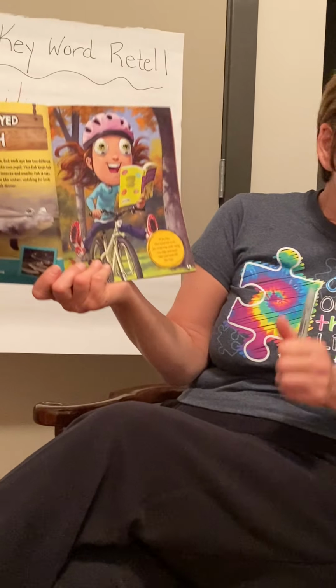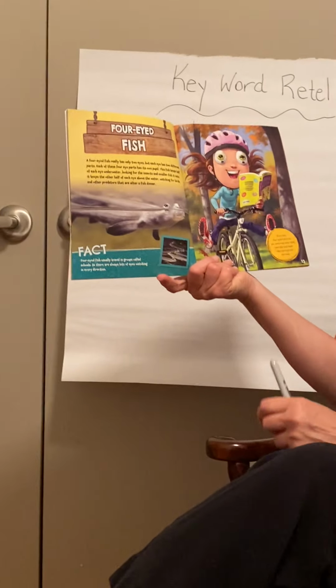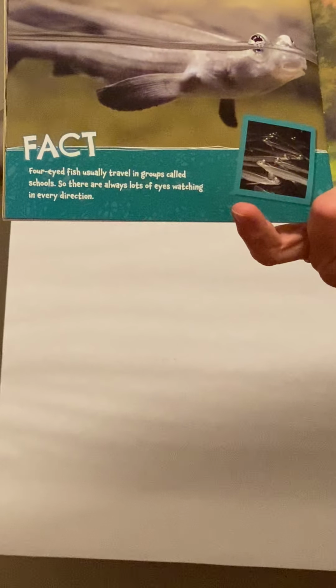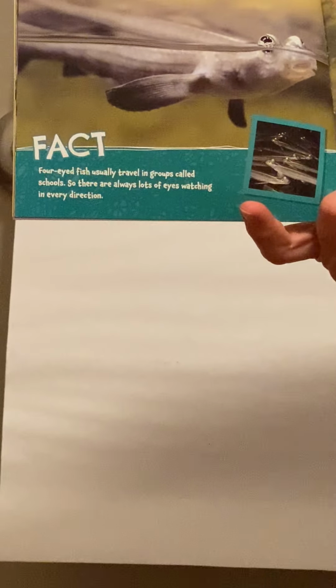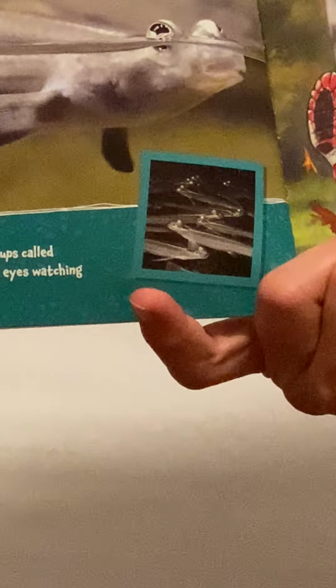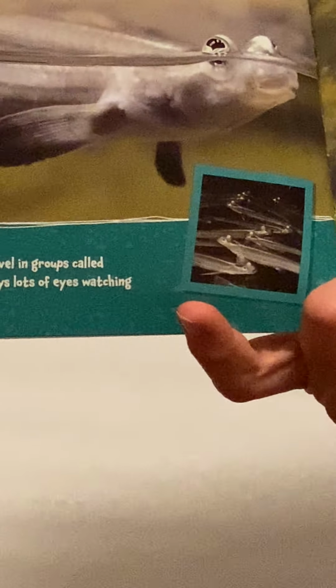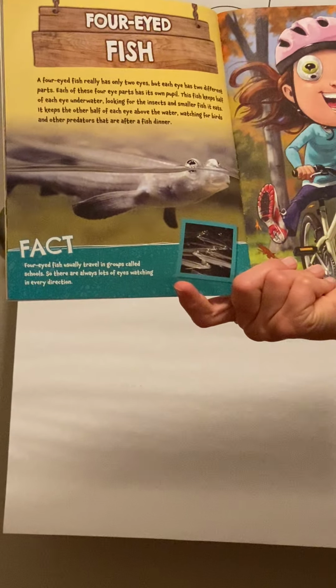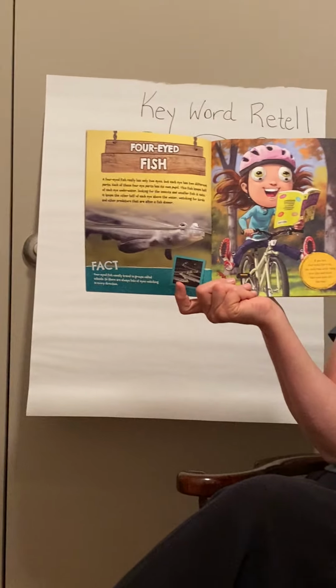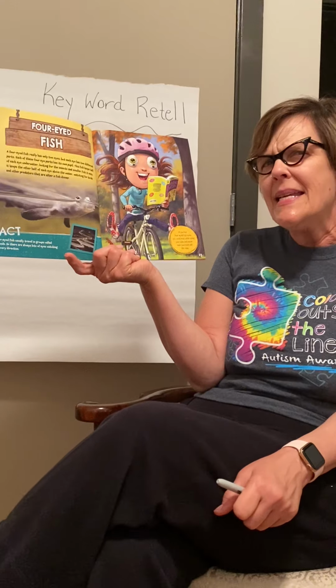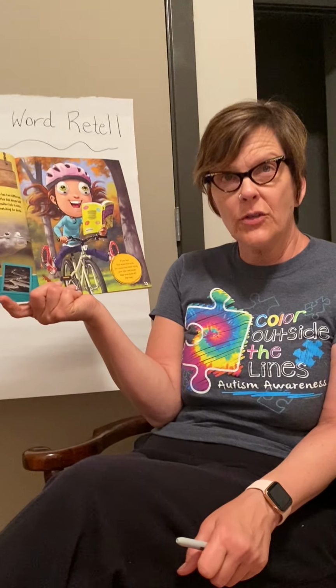We'll even look at the vocabulary again. Fact: four-eyed fish usually travel in groups called schools. So there are always lots of eyes watching in every direction. What do you think the most important key word would be there? What would it be? It's usually a noun, person, place, or a thing, or a verb, which is action.